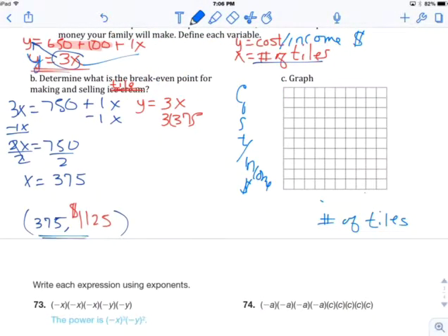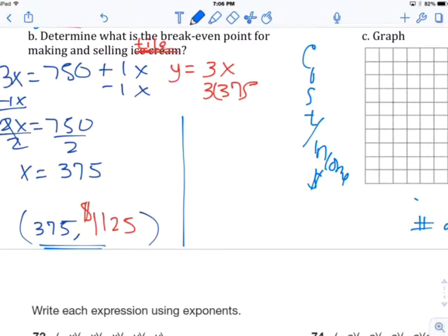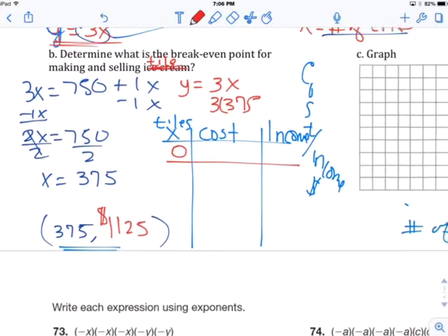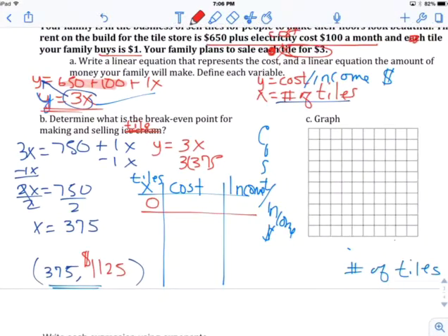Okay, so when you're graphing this, the only way I know how to do this, using these equations where they meet here, is to use a table. X represents the tiles you're buying and selling, this represents the cost of it, and this represents the income of what you're going to make. So first thing is to choose a 0. 0 is the easiest. The cost for 0 tiles: if you put 0 under X right here, you still get 750.